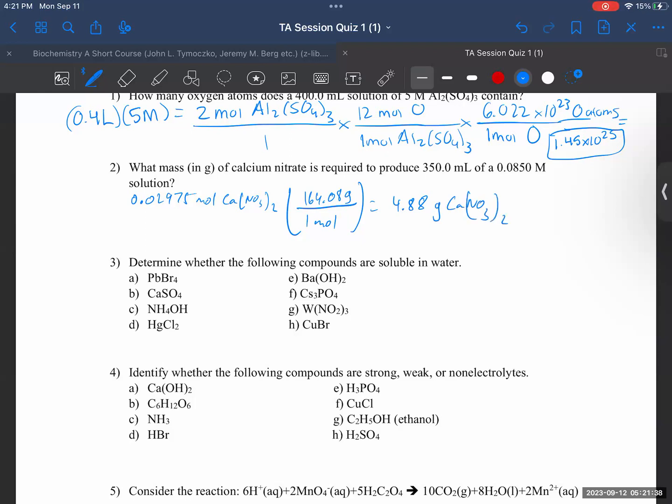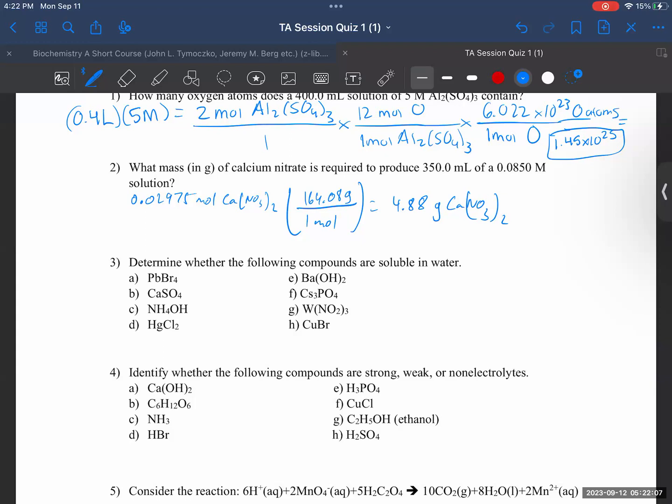Let's say I wanted to use some advanced jargon, and I cared about sig figs. How many sig figs should I have in this number? Raise your hand if you think it's 3. Raise your hand if you think it's 4. The correct answer is actually 3.